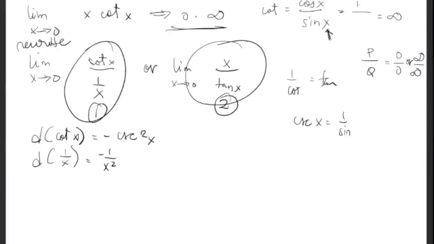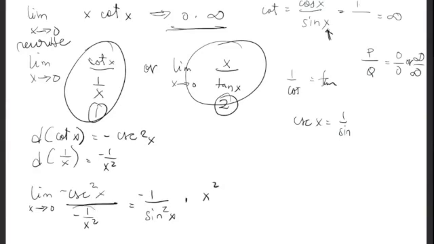Now, let's validate kung may sagot na ba tayo dito. The limit of negative cosecant squared of x over negative 1 over x squared as x approaches 0, which you can, by the way, rewrite as sine squared of x times, natin ng x squared, kasi reciprocal nito.